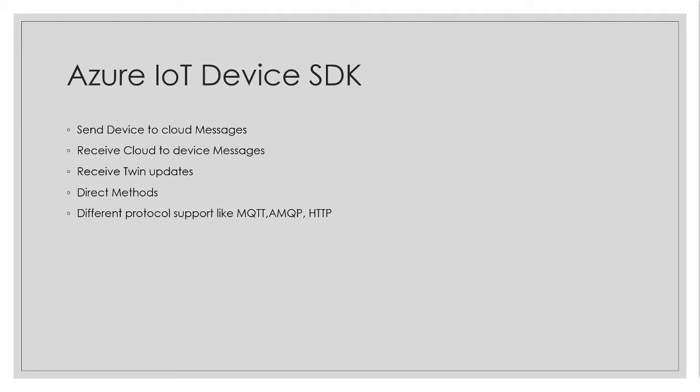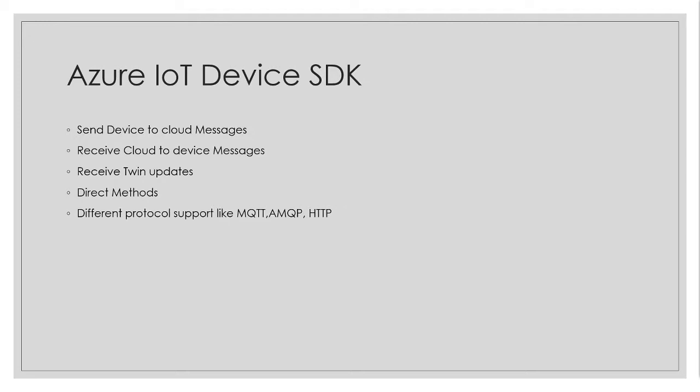Coming to the Azure IoT Hub SDK, we can use it to send messages from device to cloud, as well as receive messages which are sent from the cloud to our device. We can receive twin updates. We have already seen how we can manage device twin and how we can use reported properties and desired properties, and we can also invoke direct methods.